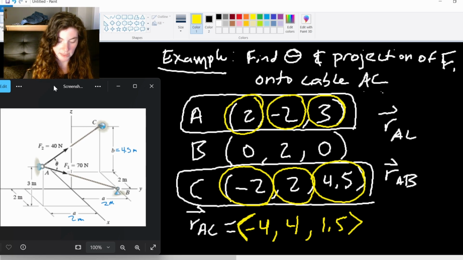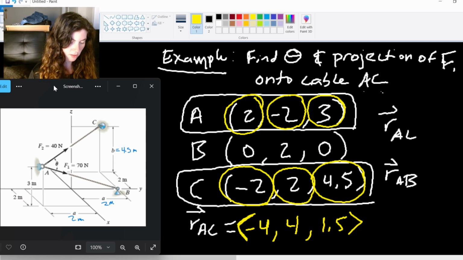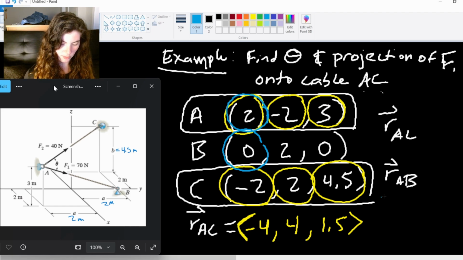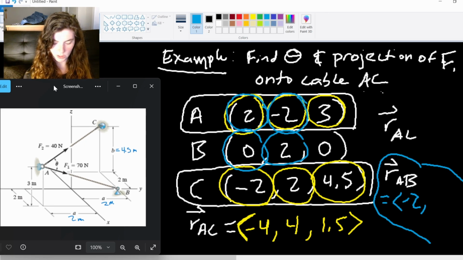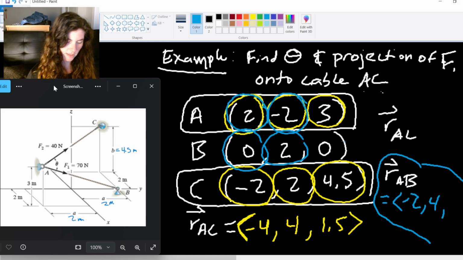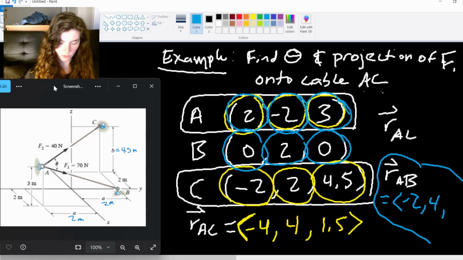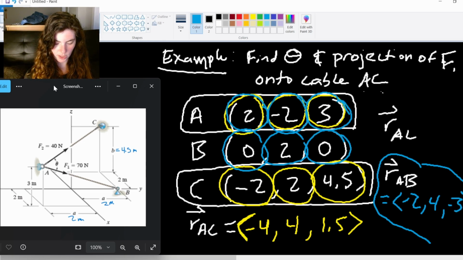RAB is going to be exactly the same process. So this is B minus A. So 0 minus 2. RAB is going to be -2. Right here, -2 for y: 2 minus -2 is going to be 4. 0 minus 3 is -3.